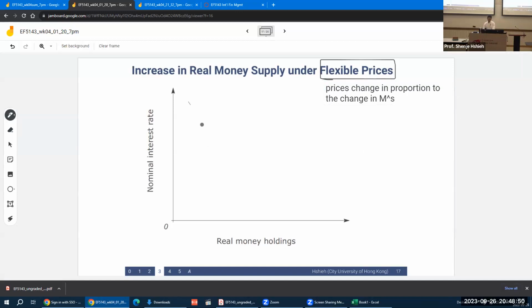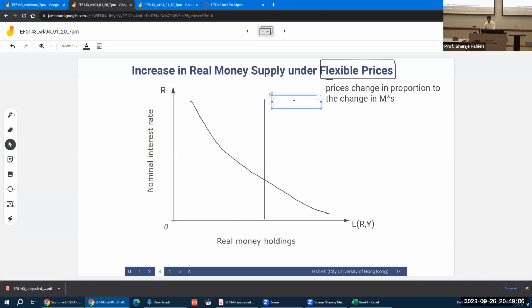So, can someone tell me how to analyze what I just said using this graph? So what happens?